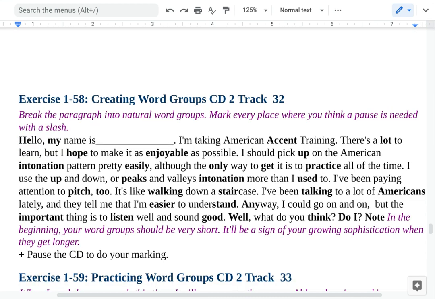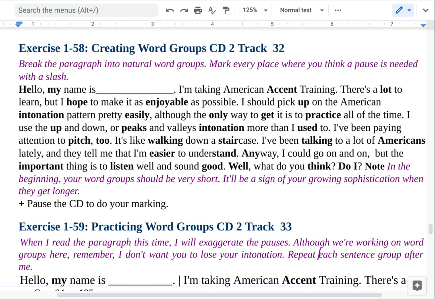I use the up and down or peaks and valleys intonation more than I used to. I've been paying attention to pitch, too. It's like walking down a staircase.